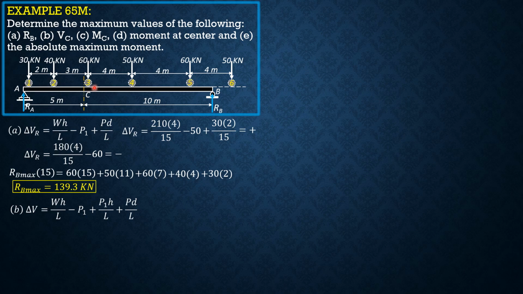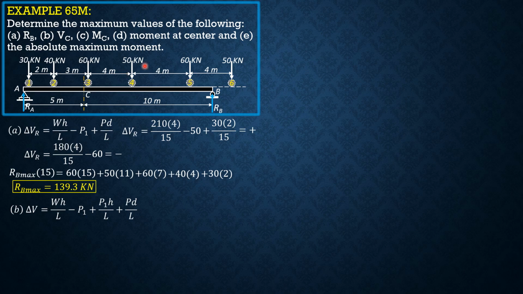When load 2 is over C, 3 plus 4 is 11, and the 60 kilonewton is also outside. There will be no incoming load. So load 2 over C, W would be 40 plus 60, 110, 100 plus 30 because load 1 is still over the span.